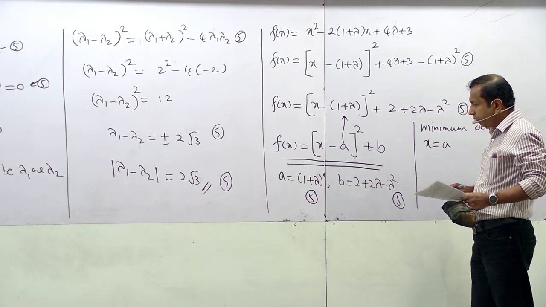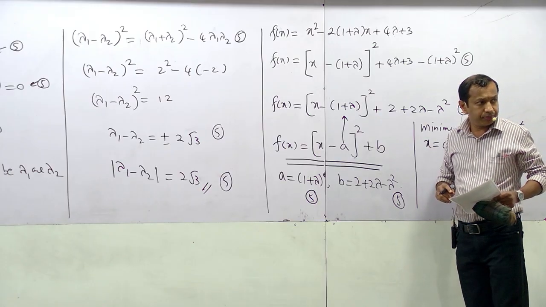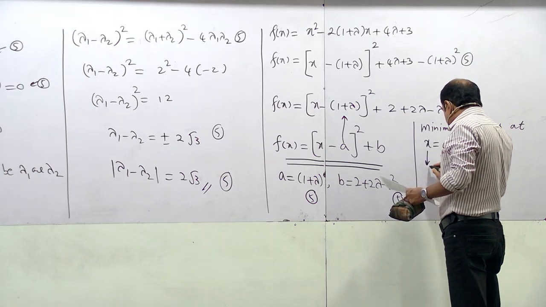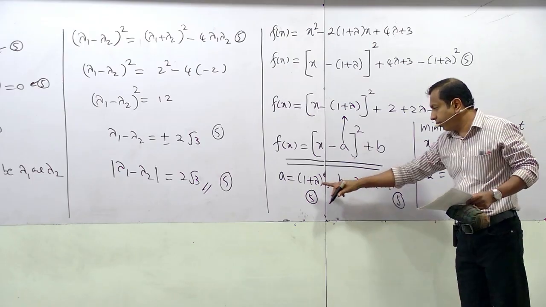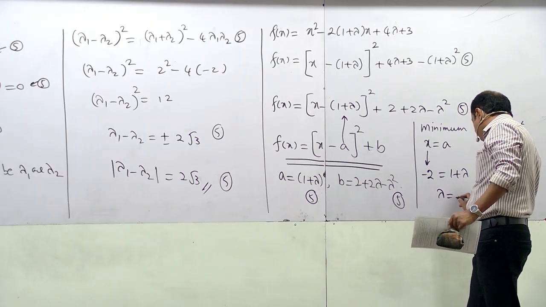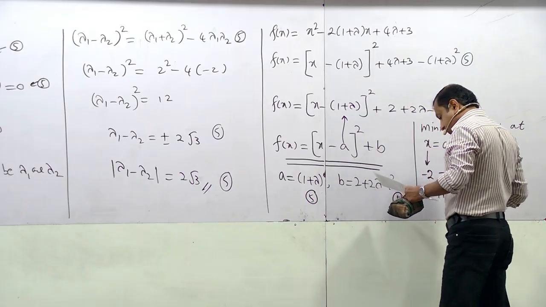But we are given that the minimum value of fx occurs at x equals minus 2. Then x should be minus 2, but we know a is 1 plus lambda, put here. Then we get lambda equals minus 3. Right, this is 5 marks.